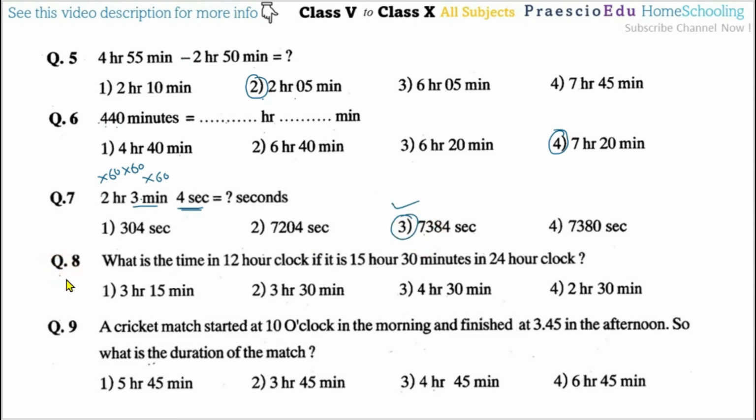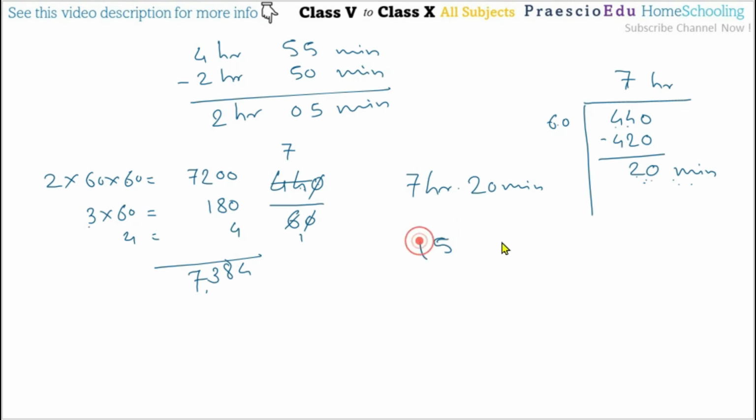Now question number 8, what is the time in 12-hour clock if it is 15 hour 30 minute in 24 hour? Now 24 hour to the 12 hour we have to convert. So this time, 15 hours 30 minutes, we have to minus 12 hours and 00 minutes.